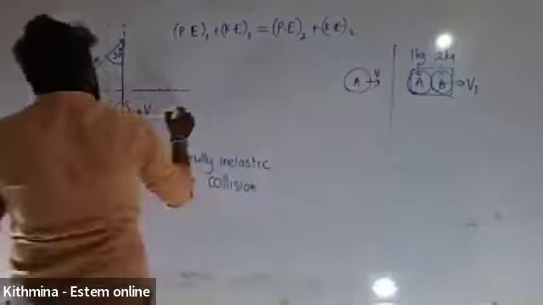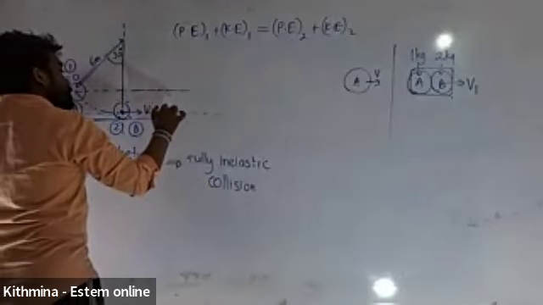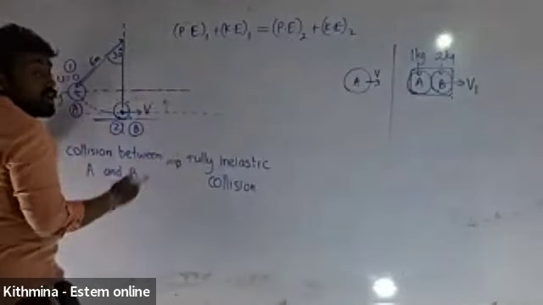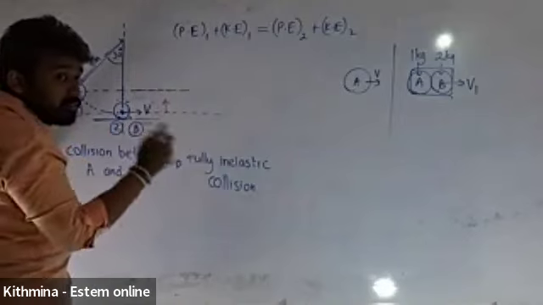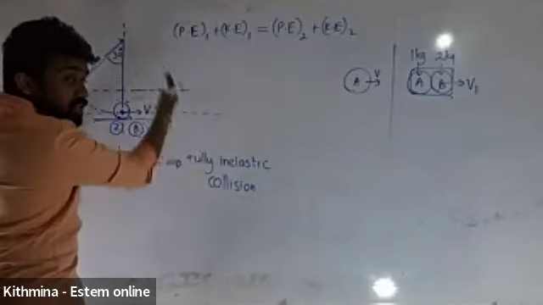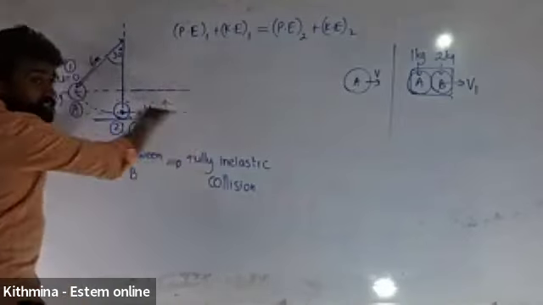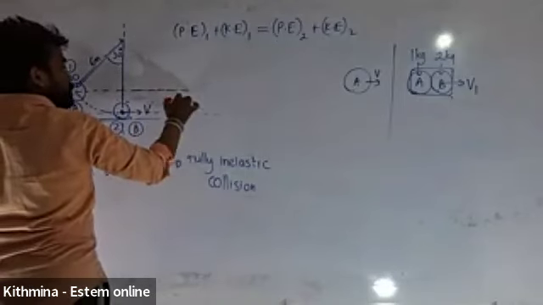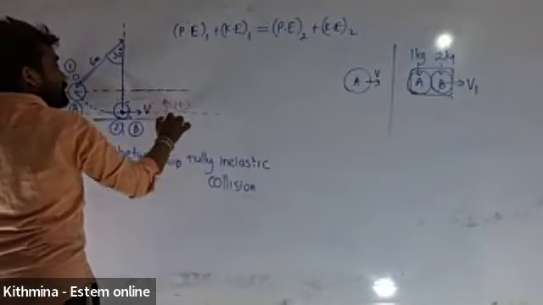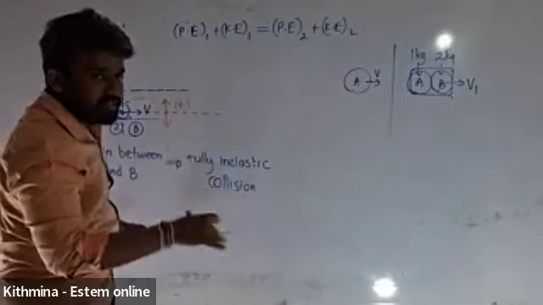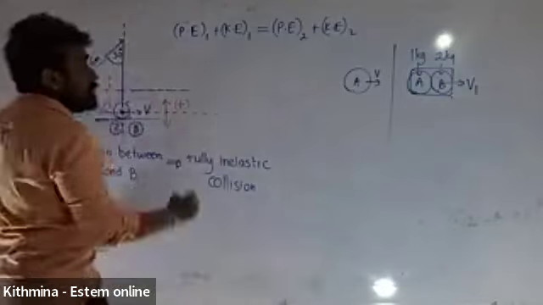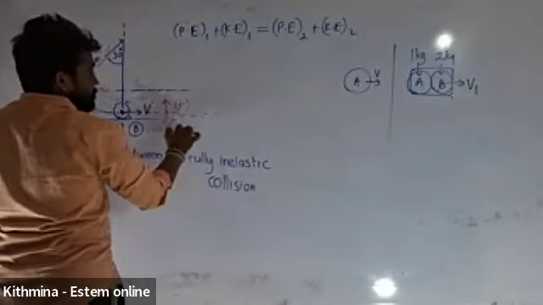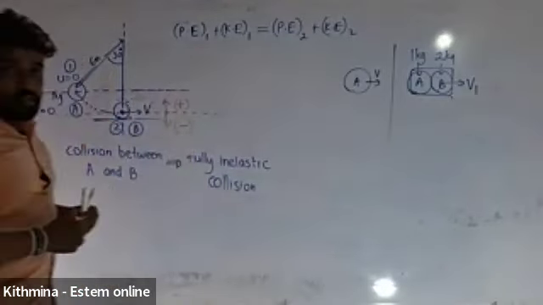If we are measuring heights upwards from our zero potential line, they are positive. If we are measuring heights downwards, they should be measured as negative.